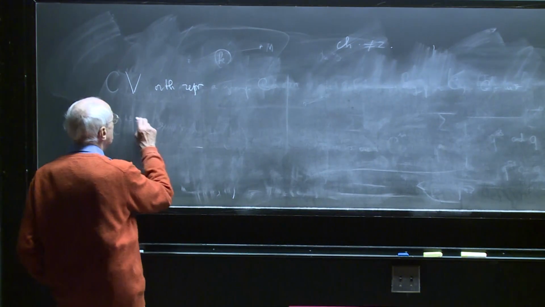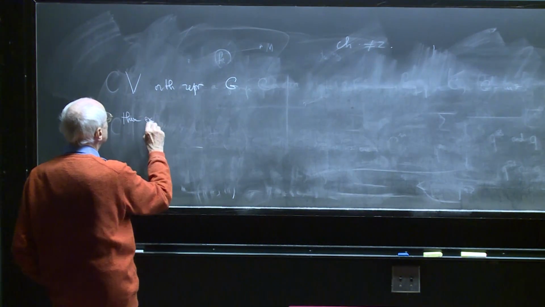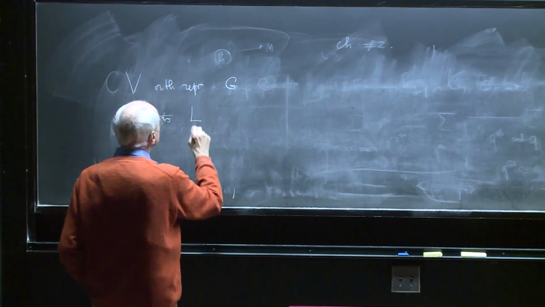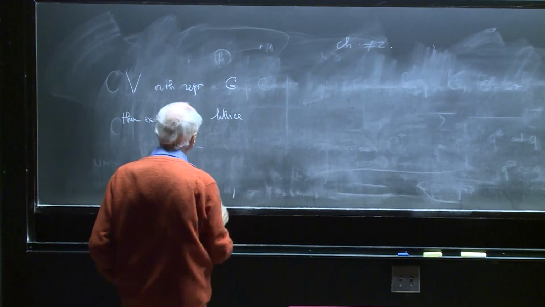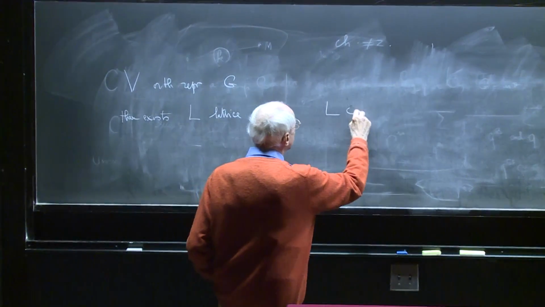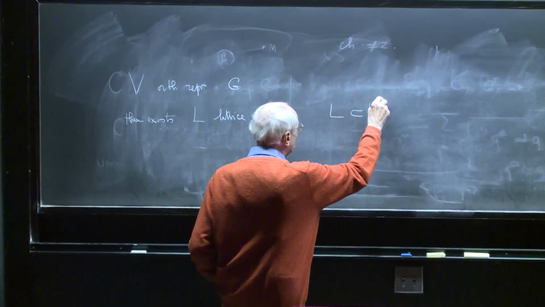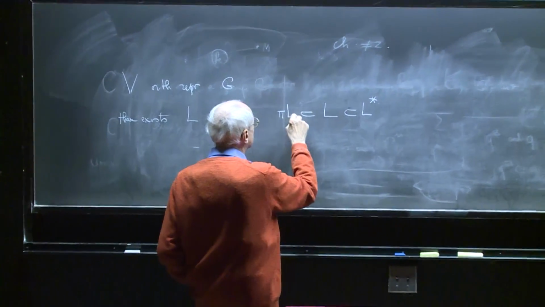There exists a lattice L with the nice property of my A and B, that is with L contained in L star, in L dual, and L star.